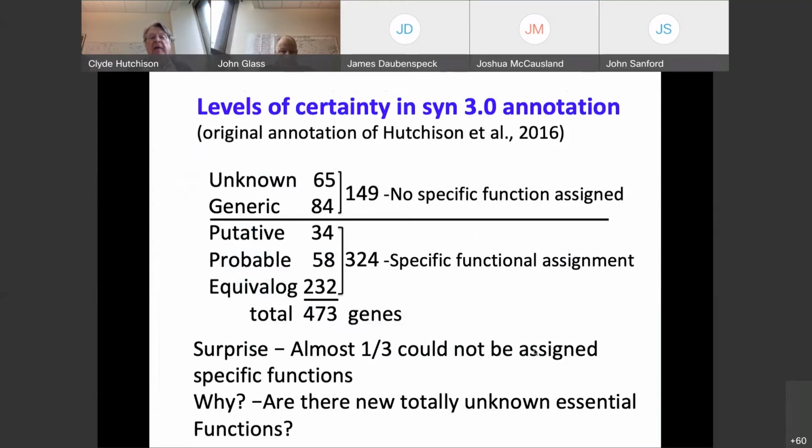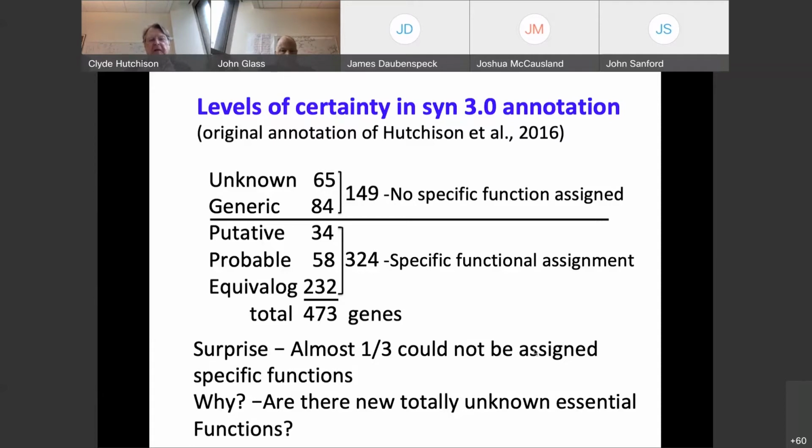In describing SYN 3.0 5 years ago now, quite a while, we classified the annotations of the genes into 5 categories, ranging from completely unknown to equivalog, which is pretty certain.